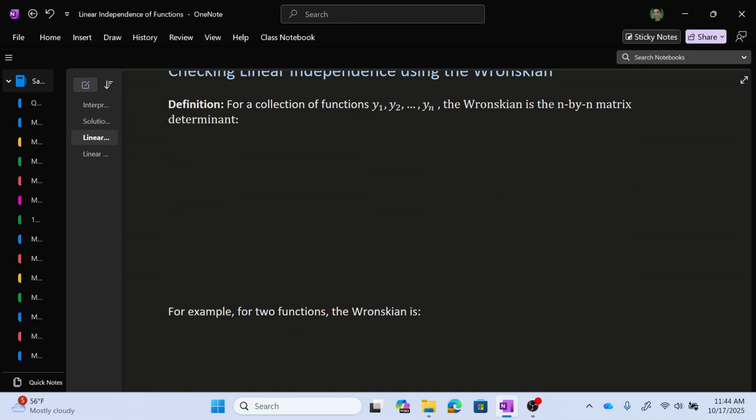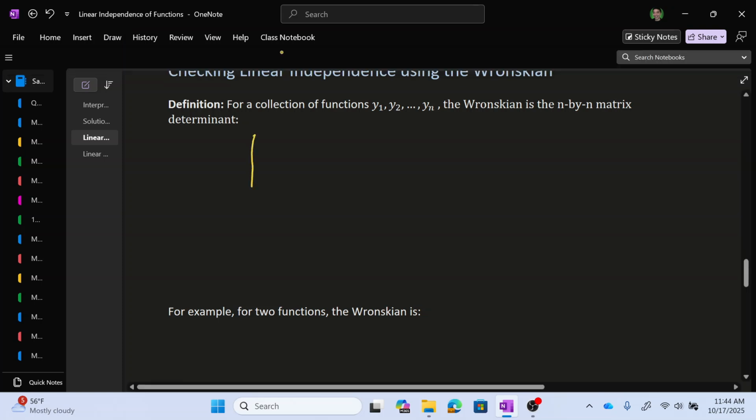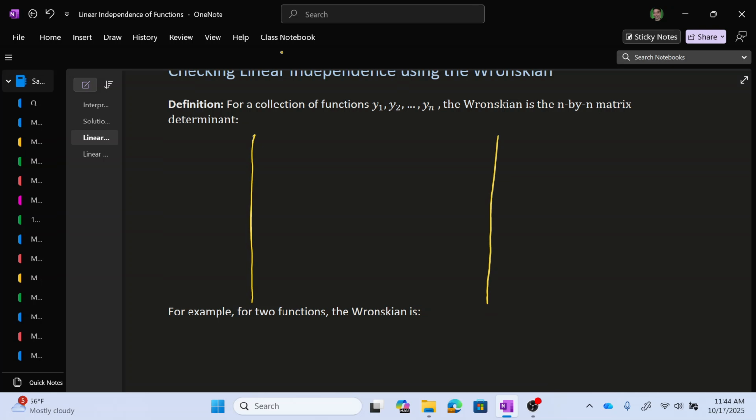So the Wronskian, if you have a collection of functions, let me just generically call them y1 through y sub n, the Wronskian is a matrix determinant. And so I am going to write vertical bars here to capture that it's the determinant of a matrix. The determinant of what matrix? Well, the first row of your matrix is going to be filled with all the functions in your collection.